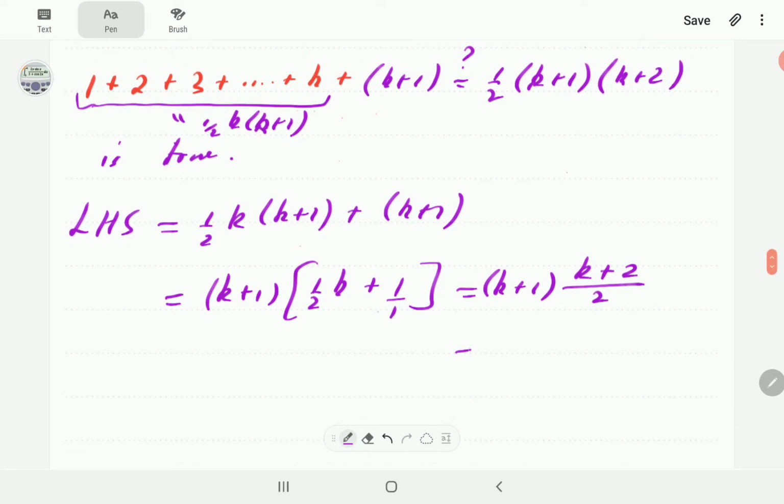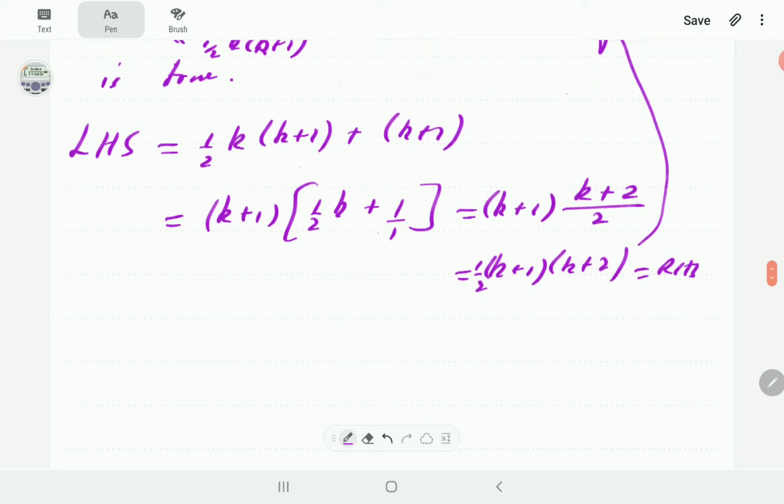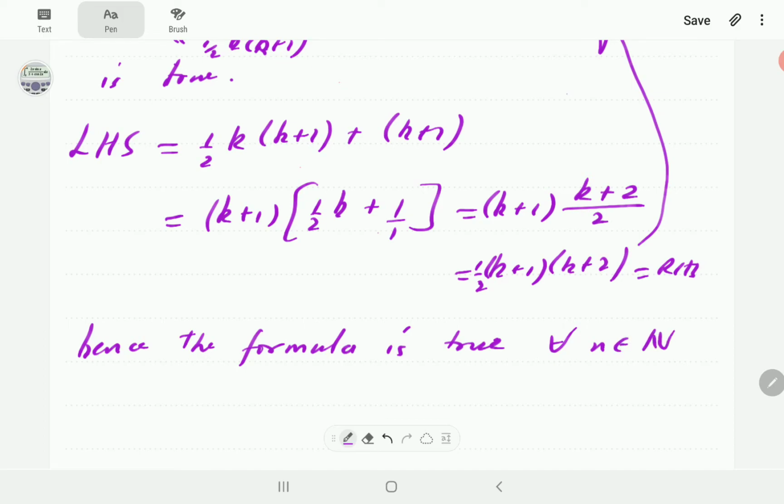And so you're going to notice that this is now the same as the term we have got up there. Okay, so this is now equal to the right hand side. Then we say hence the formula is true for all values of natural numbers.